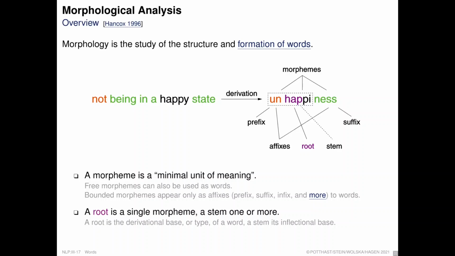Just so that you more or less know what we expect you to remember from this, you should remember what a stem is. You should be able to indicate a stem in a word. If it's a complex word, I would not expect you to know what kind of processes account for this P and I here within the stem, unless you're a linguist.